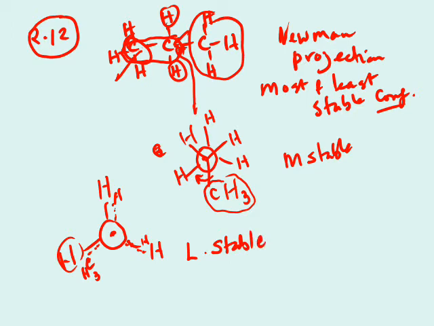I'm going to show you a video clip after this for 2.13, which is on butane. 2.13 is a similar question, but in this case you'd be looking at butane. 1, 2, 3, 4.